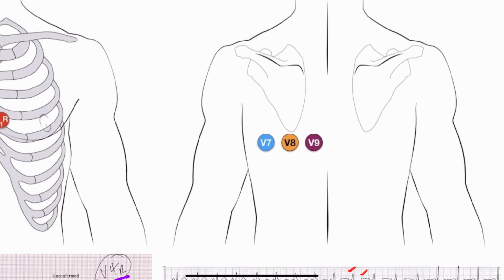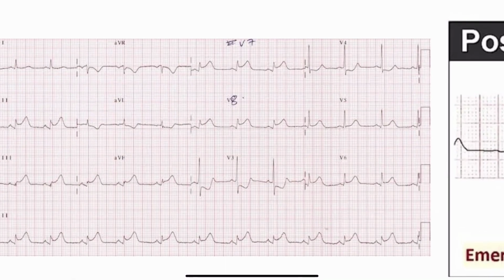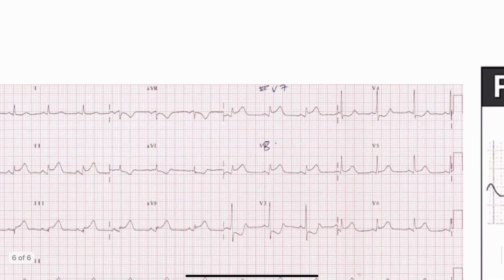There are three posterior leads, and those are V7, V8 and V9. If we look at the ECG after taking the posterior leads, here is the typical ST elevation in V7 and V8 leads, taken from the posterior surface. After looking at this ECG, we can confirm that this patient has acute ST-elevated MI inferior with posterior extension.